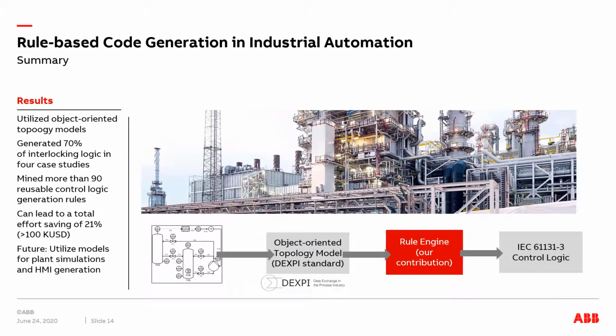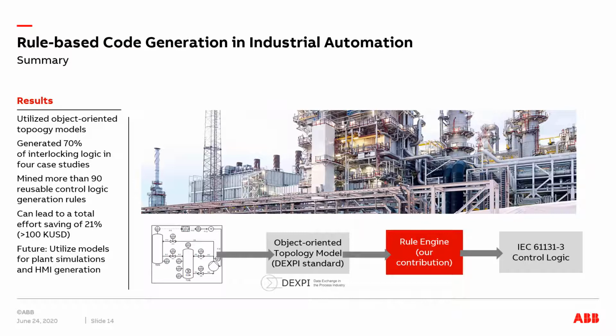To summarize, I presented rule-based code generation in industrial automation. We utilized object-oriented models derived from CAD drawings, and we created a rule engine that is able to generate up to 70% of the interlocking logic that is required for these plants, and that shows the automation potential here. These would be 70% of saved manual effort.